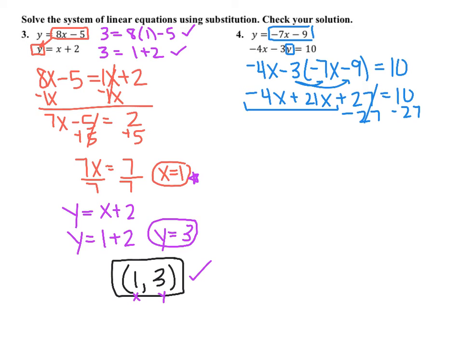If you do that in 2 separate steps, that's okay too. But negative 4 plus 21 is positive 17. So I get 17x equals 10 minus 27 is negative 17. So that means that x has to be negative 1.